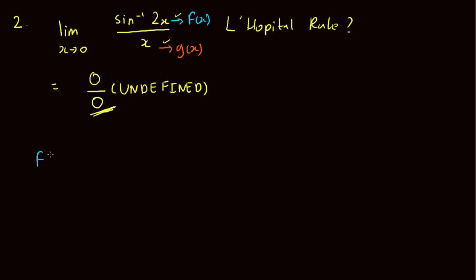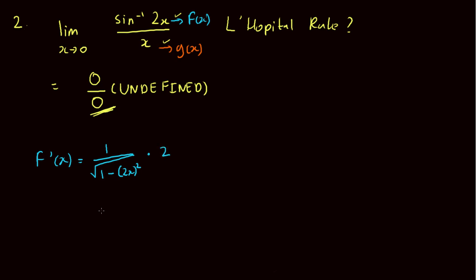For f(x), we need to find the derivative of sine inverse 2x. If I'm not mistaken, the derivative of sine inverse x is simply 1 over the square root of 1 minus x squared. Here, it's 1 over the square root of 1 minus (2x) squared, times 2, because we're differentiating the 2x as well.